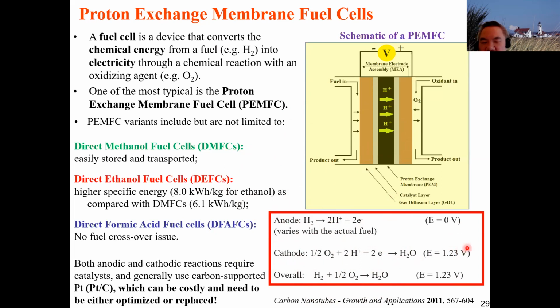Now, the problem is that these things don't just happen spontaneously. You need a catalyst to drive the reaction. And one of the things that drives this reaction is platinum, which unfortunately is very costly and needs to be either optimized or replaced for a number of different reasons.